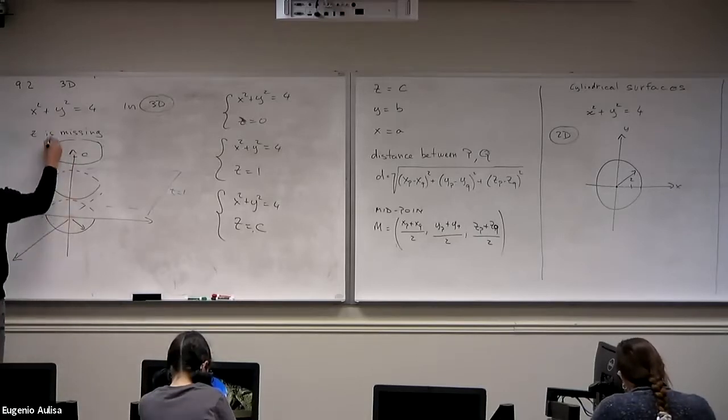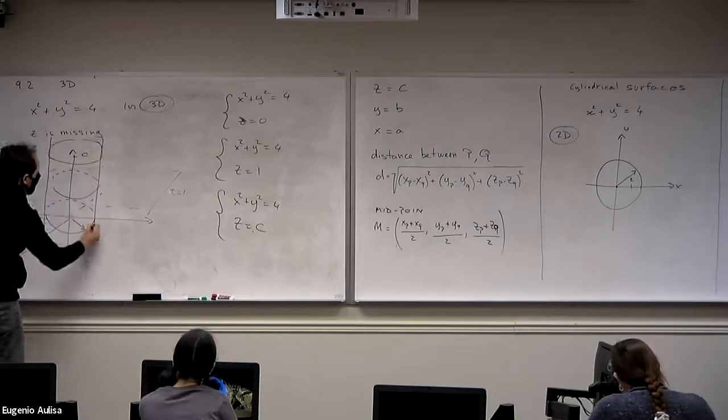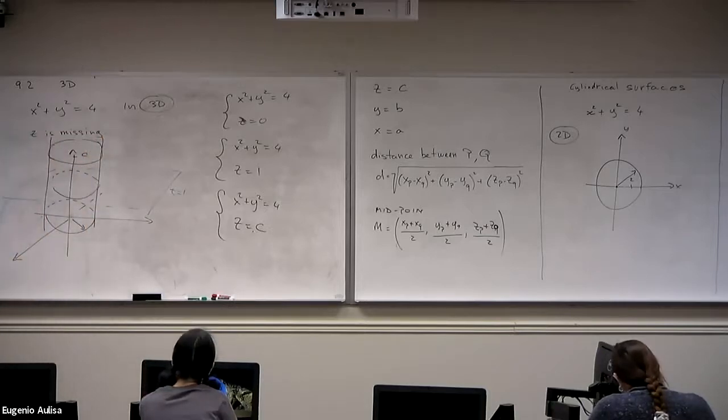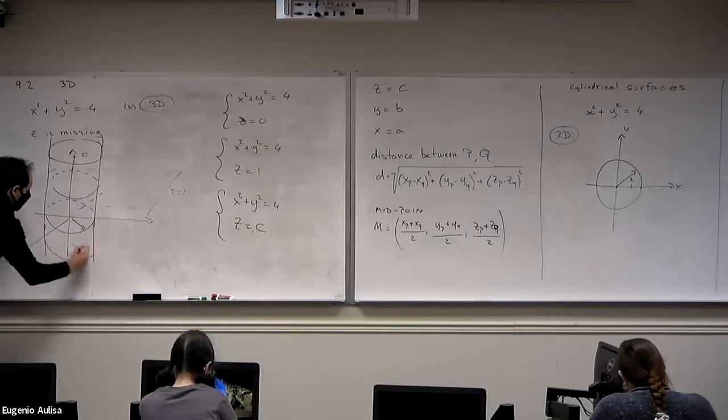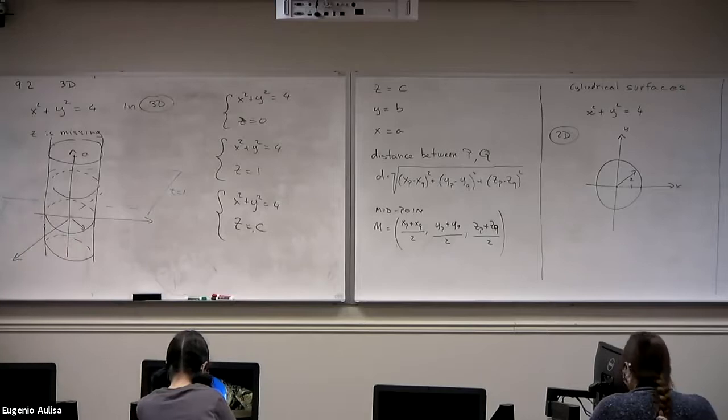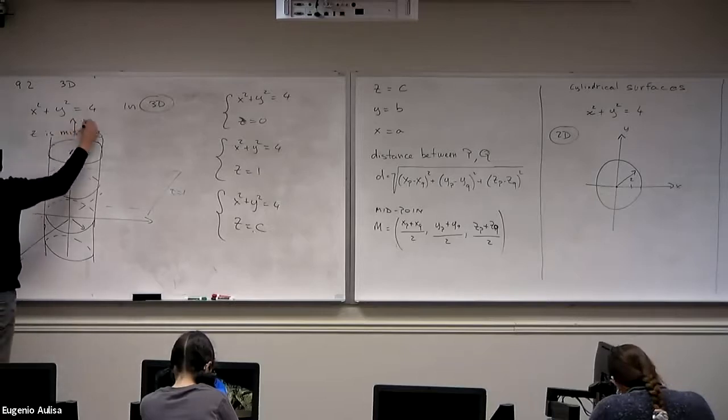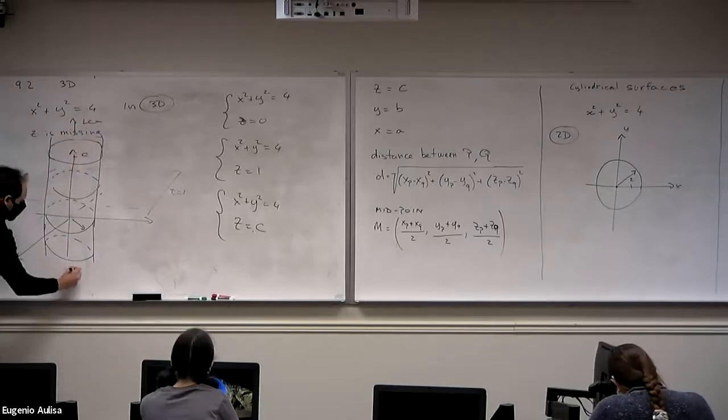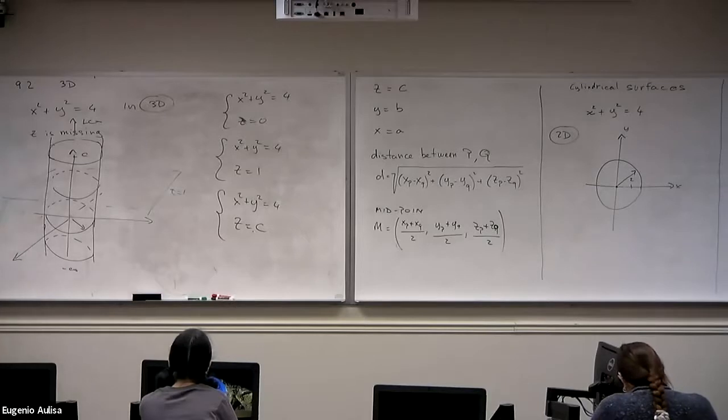What do we get if we take that circle and shift it parallel to z? We are going to get a cylinder. It's going to go plus and minus infinity in z. So the cylinder never ends.